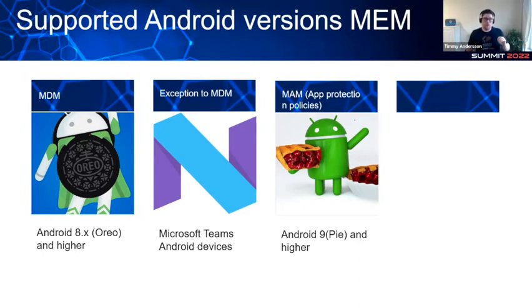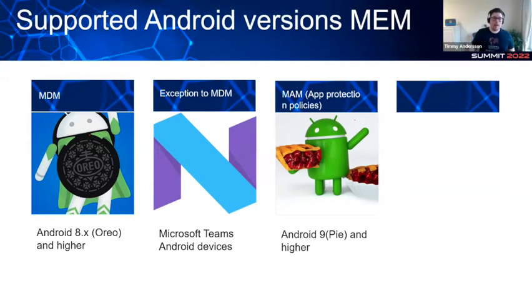That is the only exception. What I've seen with some Microsoft Teams devices is that some of them are running version 7.1 of Android, but they are still supported by Microsoft. That is, of course, because it's closely integrated to the product. But it's just important to keep that in mind.